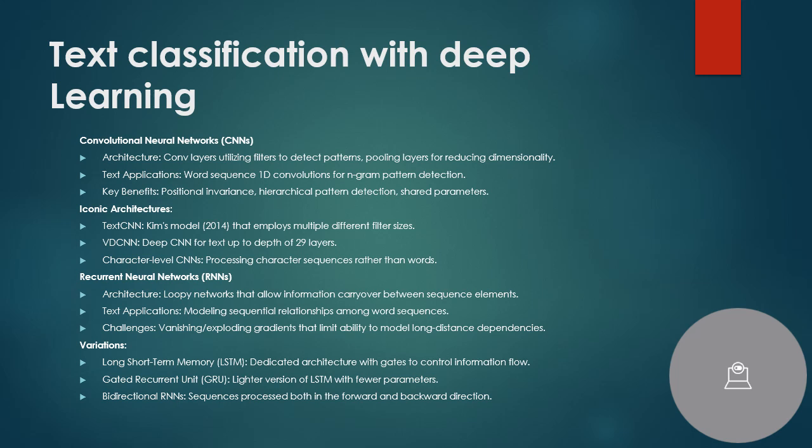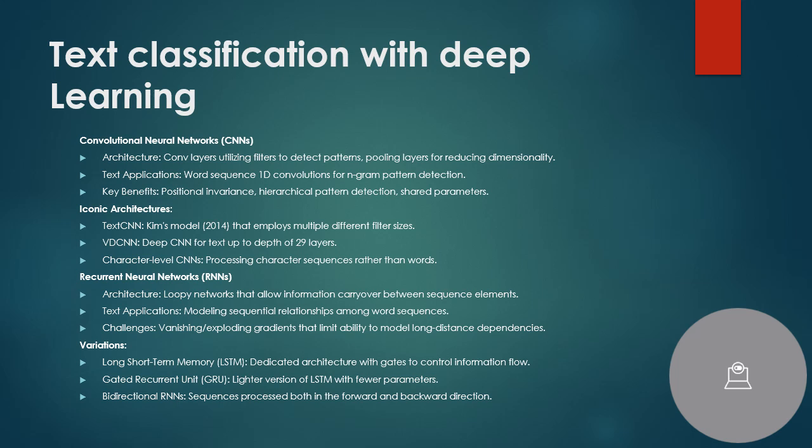And we have more methods like CNNs, iconic architectures, RNNs, and we'll see the variations of them. So CNNs use convolutional layers to detect local patterns, and pooling layers reduce the dimensionality of the data. In text classification, 1D convolution can identify unigram and n-gram patterns.